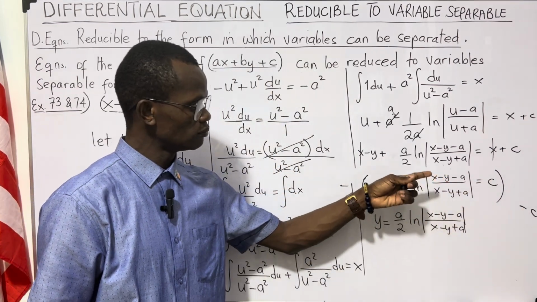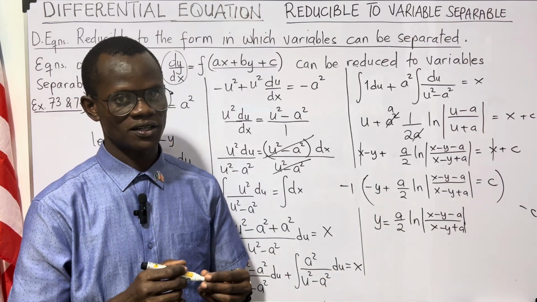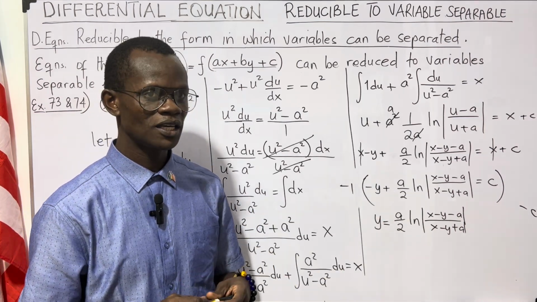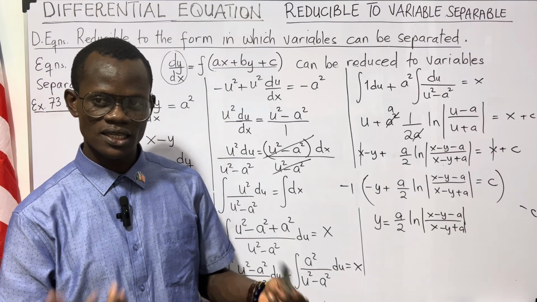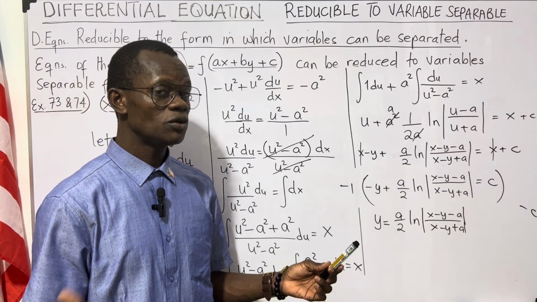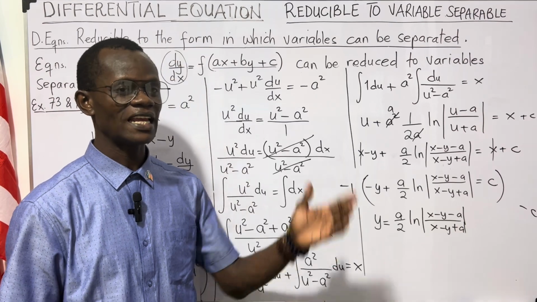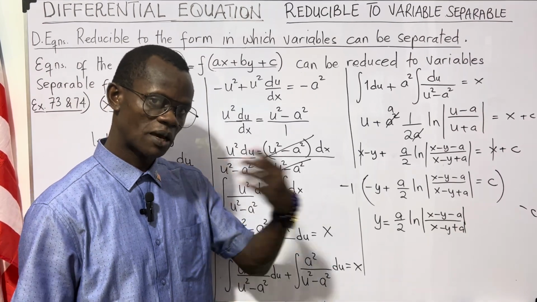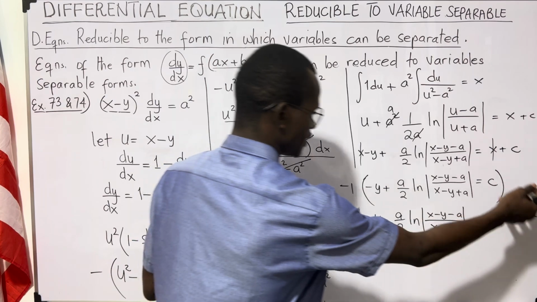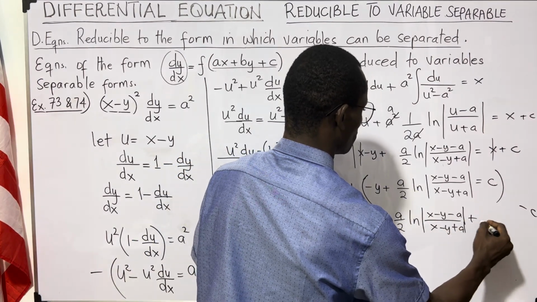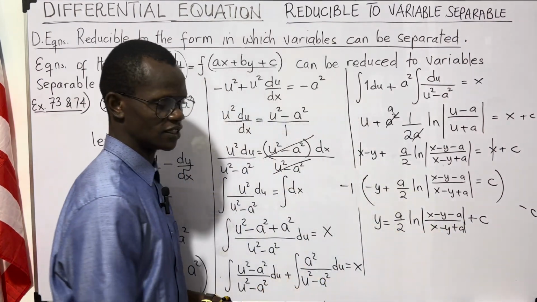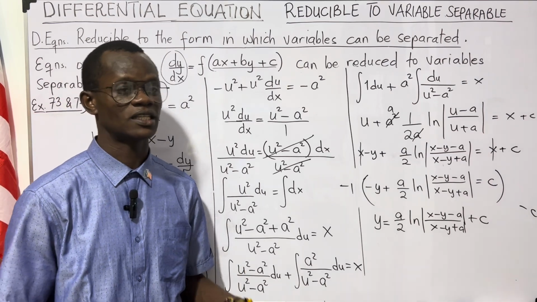That c is just an arbitrary constant. So it doesn't have to be negative c or 3c or 5c. Whether you have 10c or negative c or whatever the case might be, at the end of the day, just replace it with some arbitrary constant. So this c, we just replace it with positive c instead of saying negative c or something else, because it's just an arbitrary constant.